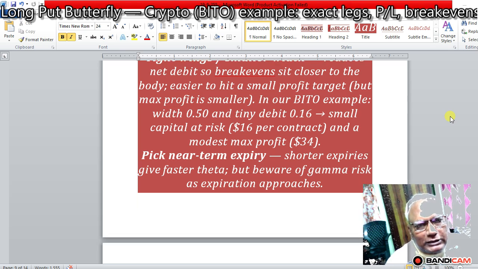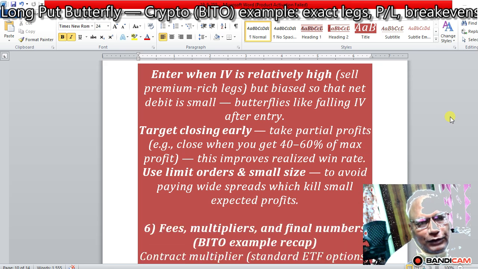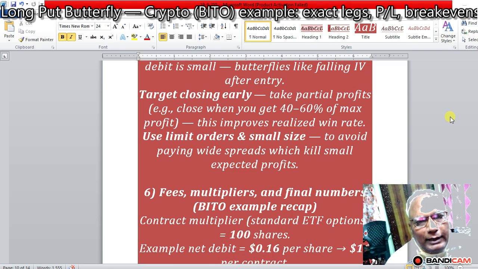Shorter expiries give faster theta, but beware of gamma risk as expiration approaches. Enter when volatility is relatively high to sell premium. Target closing early and take partial profits. This improves realized win rate. Use limits to avoid paying wide spreads that kill profits.